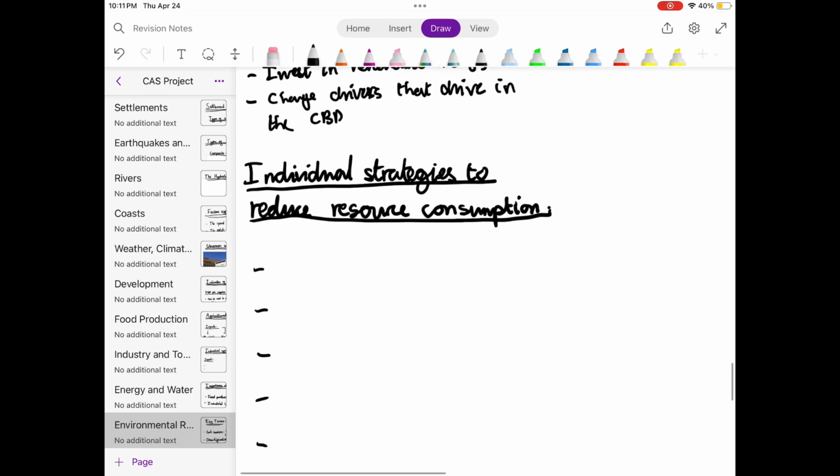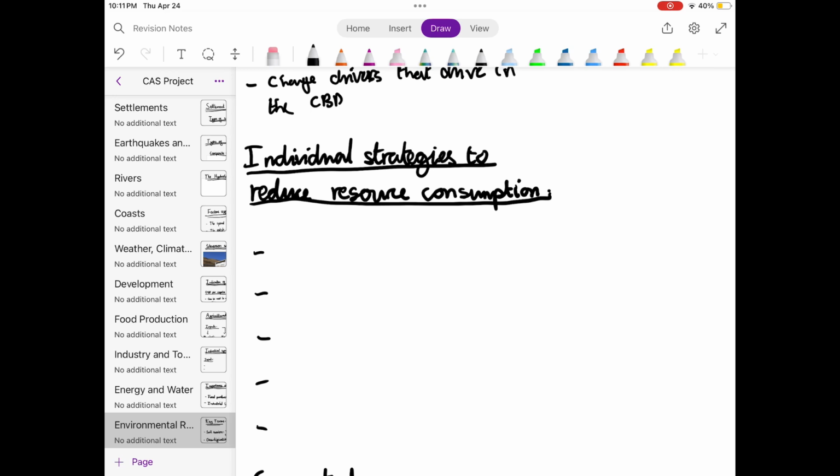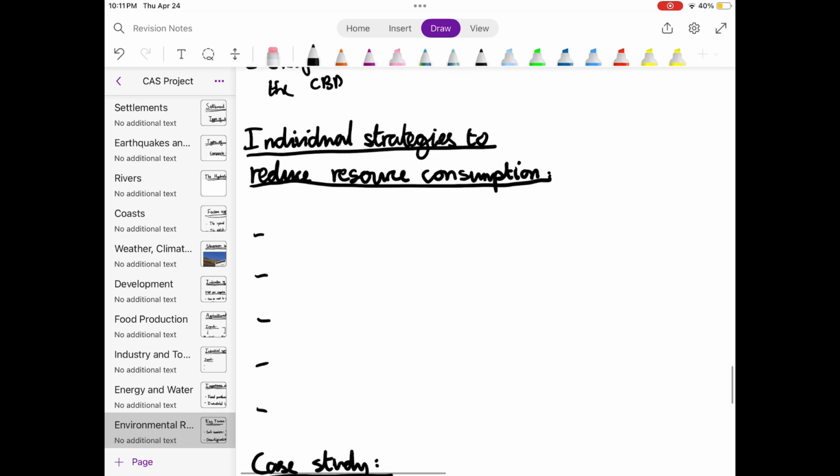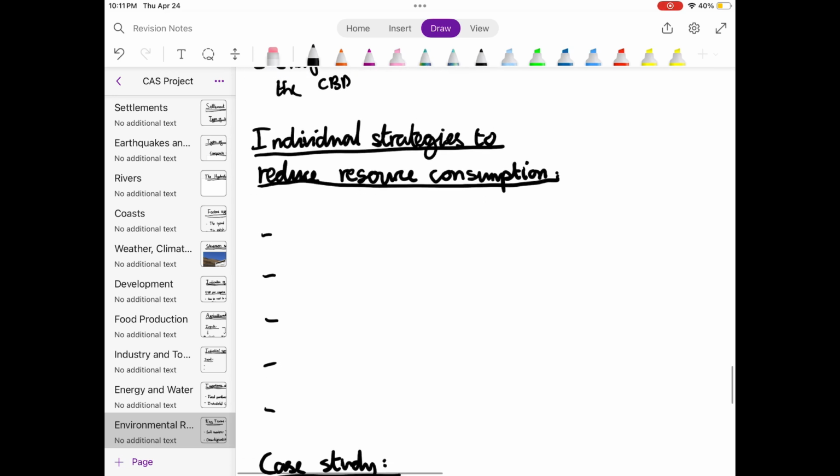And now we're going to be looking at the individual strategies to reduce resource consumption. So the first one is to use public transport. And this is because if people use public transport, then there'll be less demand for fuel in cars as less people are using them. And this can also conserve the limited resources we have.